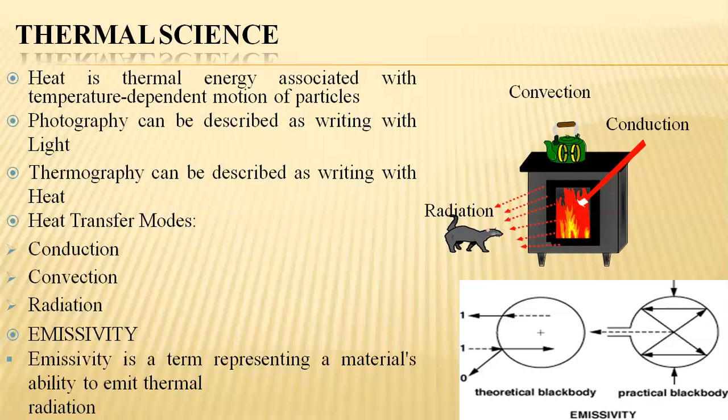Emissivity is the major term, the material's ability to emit thermal radiation or heat effects. In the pictorial representation of emissivity, the theoretical black body has a high capacity of receiving the heat, and the practical body has a neutralization capability and only exhibits towards the outside.